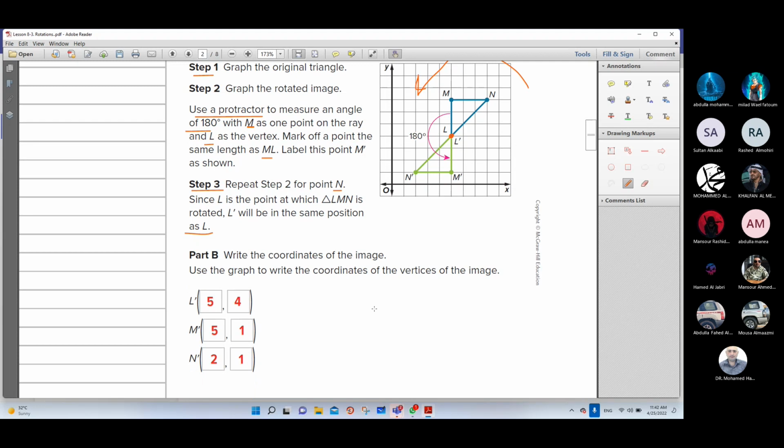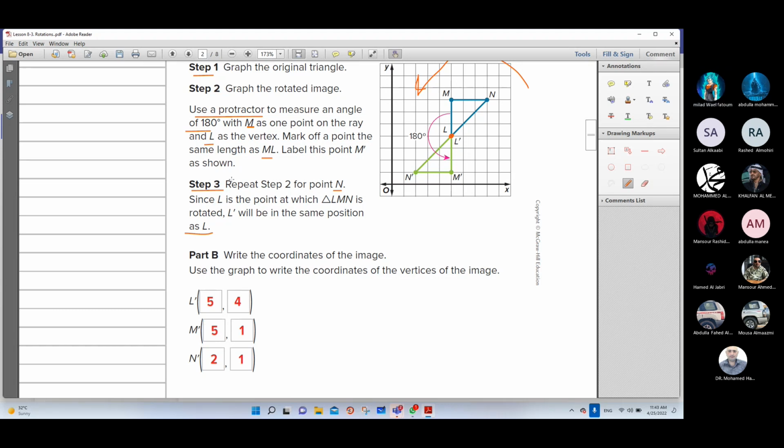Mr., why don't we make the 180 a little bit to the right? I mean, the edge of LM would be under the edge of LN. I don't understand your question. Can you repeat and raise your voice, please? You said it's 180, why don't we make it 240?